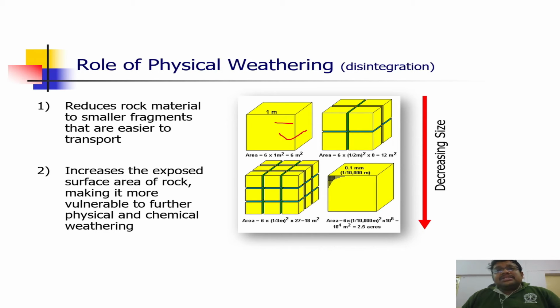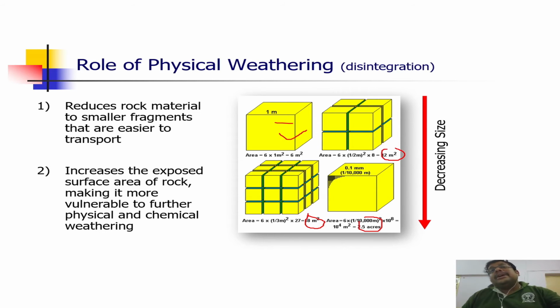When we break this cubic rock into smaller parts, the area increases, and as we continue to break down the rocks, we get 18 square meters, and finally we can get an area equivalent to 2.5 acres from this only 6 square meter surface area.